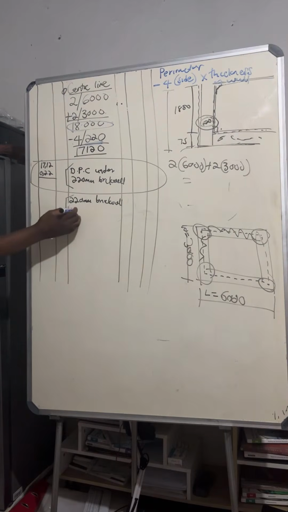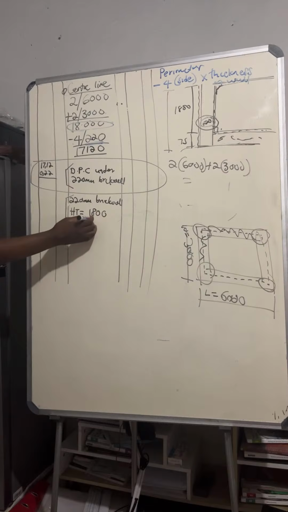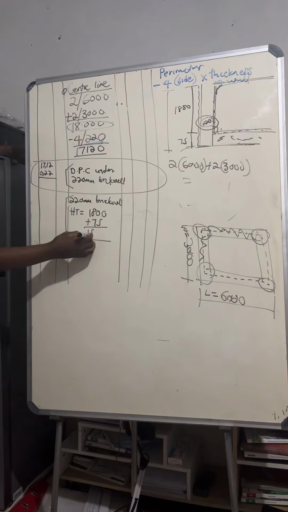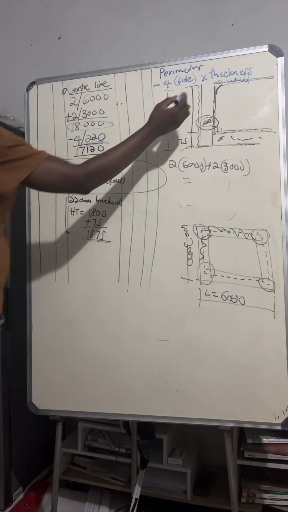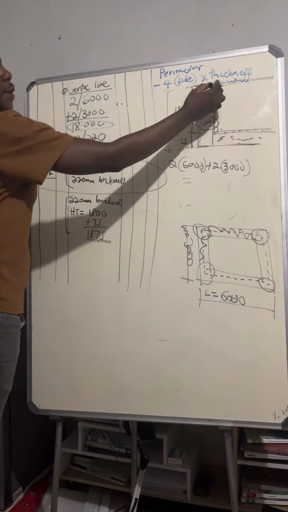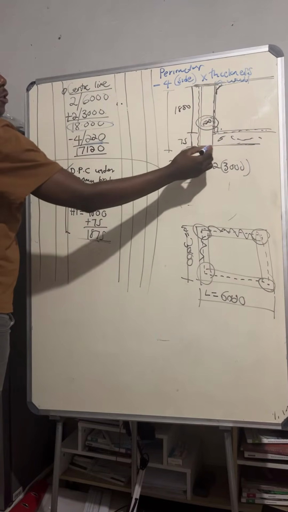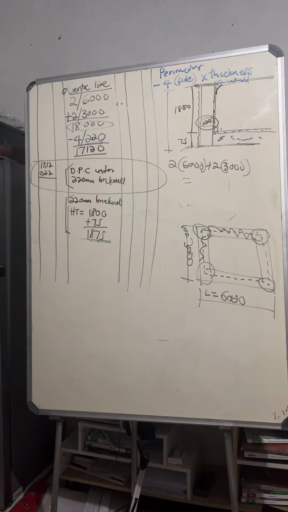But that brick wall, you need to know the height. What is the total height of that brick wall? It's 1.8 plus 75 of the hardcore. I think it's 1875. That is the height of the brick wall, because starting from here, below the ceiling, it goes down to here, below the surface bed. You understand?